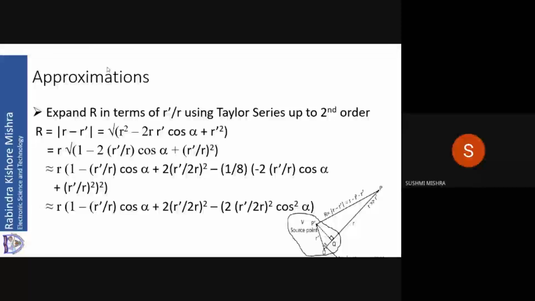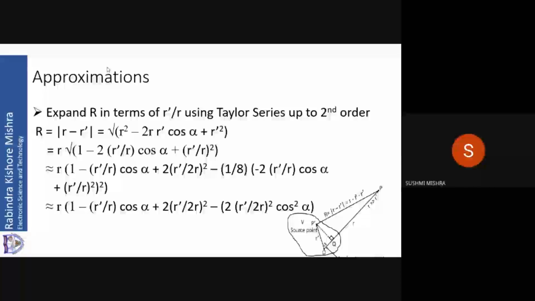Okay, so now let us rewrite that as r into 1 minus r dash upon r cos alpha. So that remains as it is, plus 2 r dash upon 2 r square minus, now there is 1 by 8 into 2 whole square of 2. So that gives me whole square of 2 is 4. So that I will take into account.